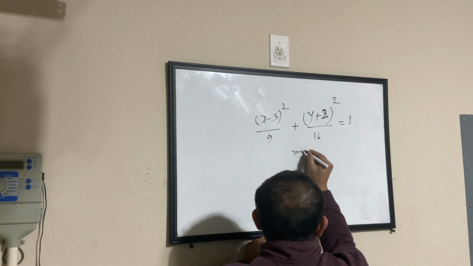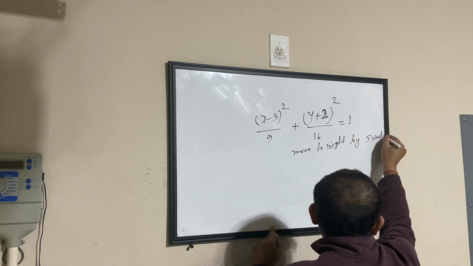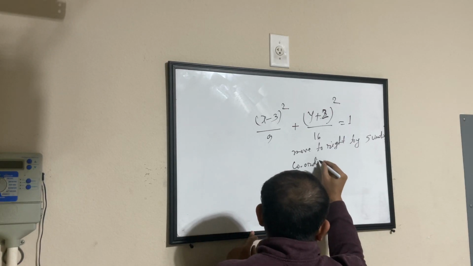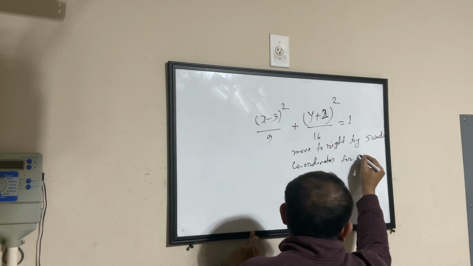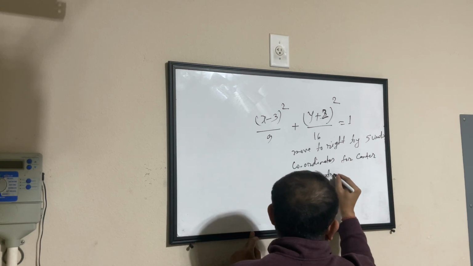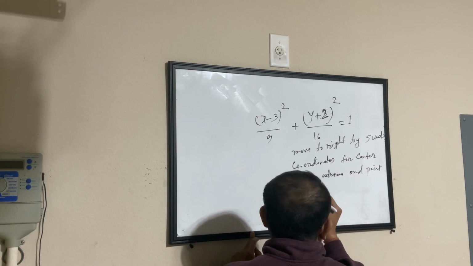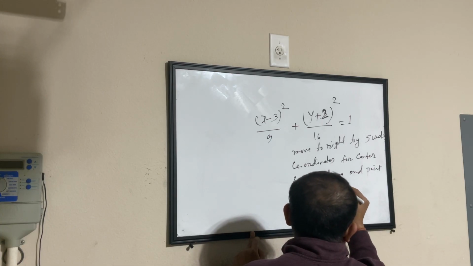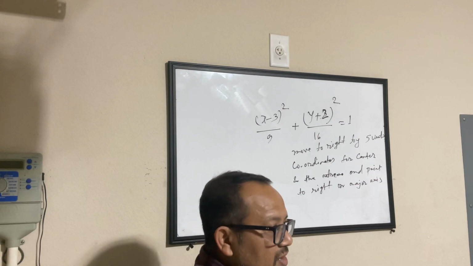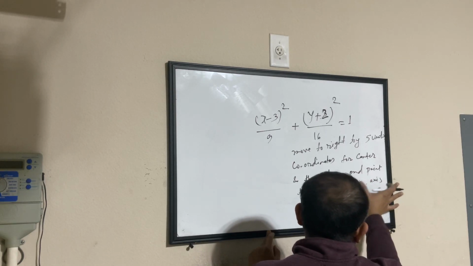Move to the right by 5 units or 5 places, whatever you call it. What will be my coordinates?